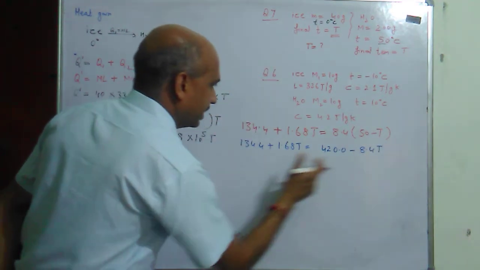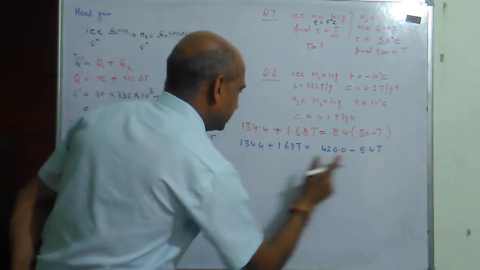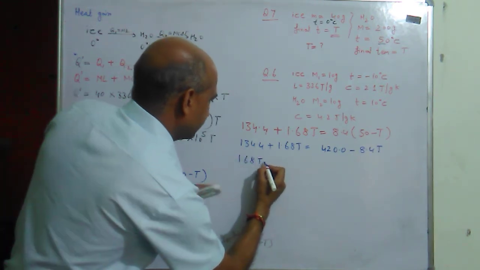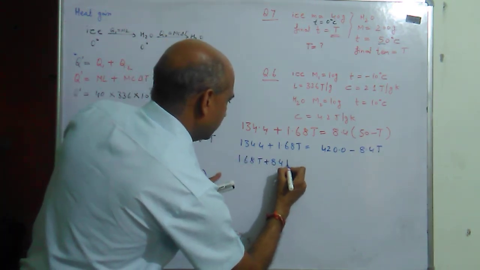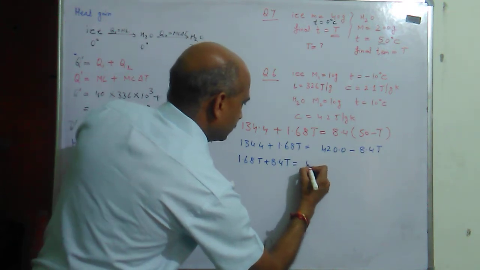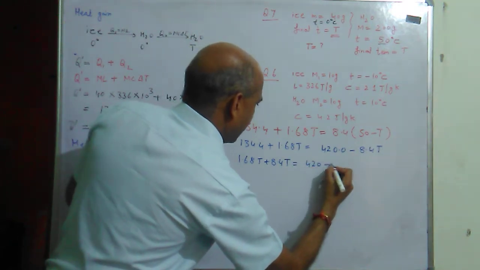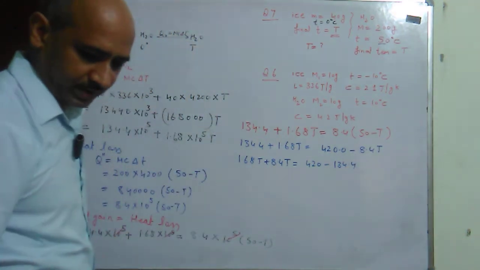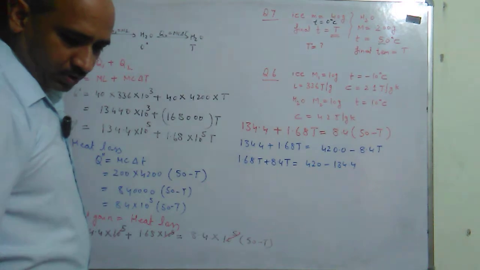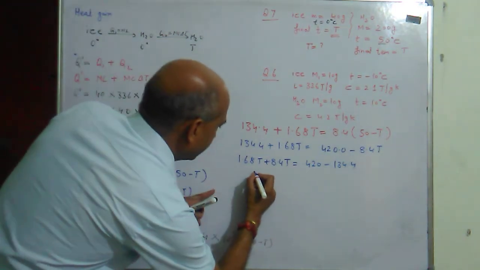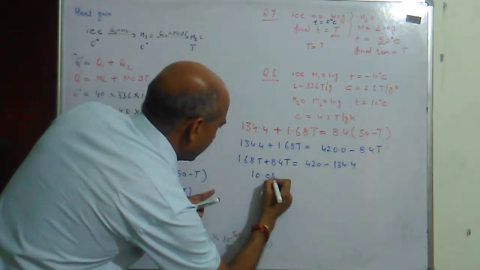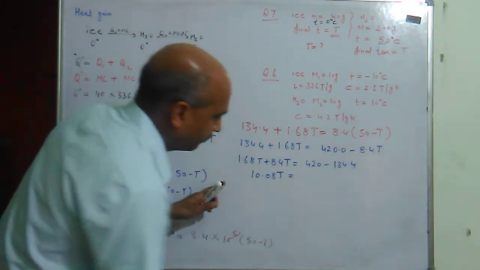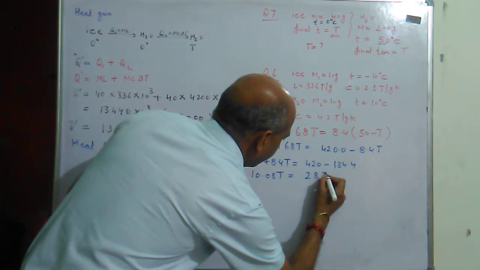Now we have to do shifting. We shift this here and this here. So we get 1.68 T plus 8.4 T equals to 420 minus 134.4. On solving this we get 10.08 T equals to 285.6.